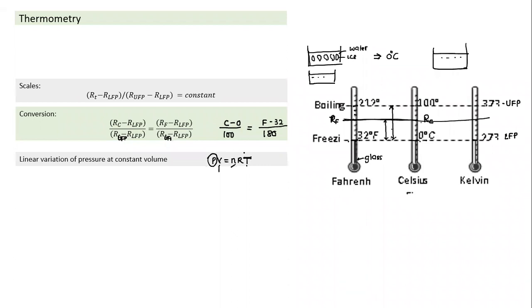The pressure reading will indicate temperature. If I have a pressure reading at 100 degrees centigrade and at 0 degrees centigrade, and in between I make 100 divisions, those pressure readings will indicate temperature. Any quantity which varies linearly with temperature can be used for measurement of temperature. We'll see some examples of the same.